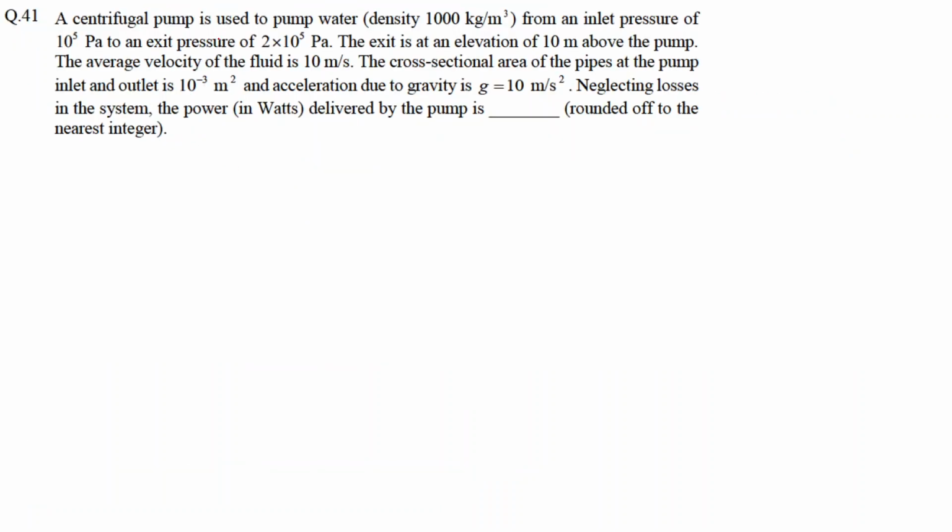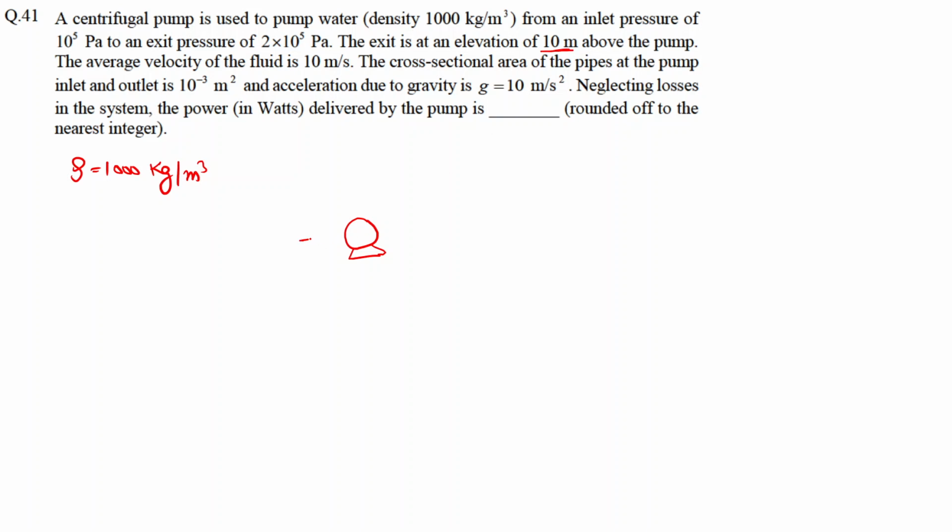So first of all, in this question, we have been given a centrifugal pump, and it is used to pump water with density of 1000 kg per meter cube from an inlet pressure of 10 raised to 5 Pascal to an exit pressure of 2 into 10 raised to 5 Pascal, and the exit is at elevation of 10 meter above the pump.